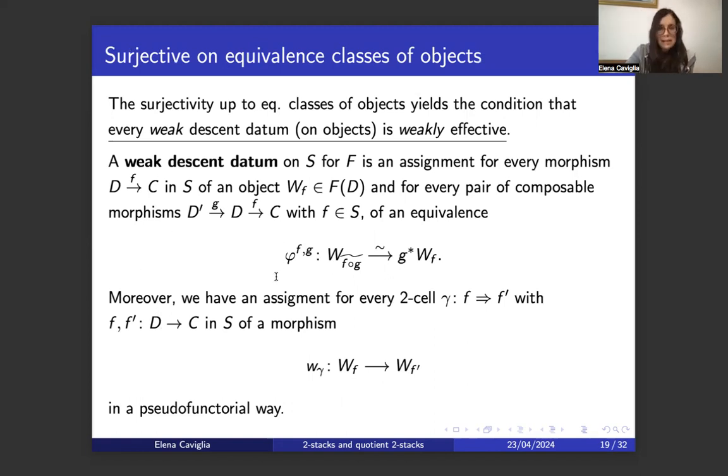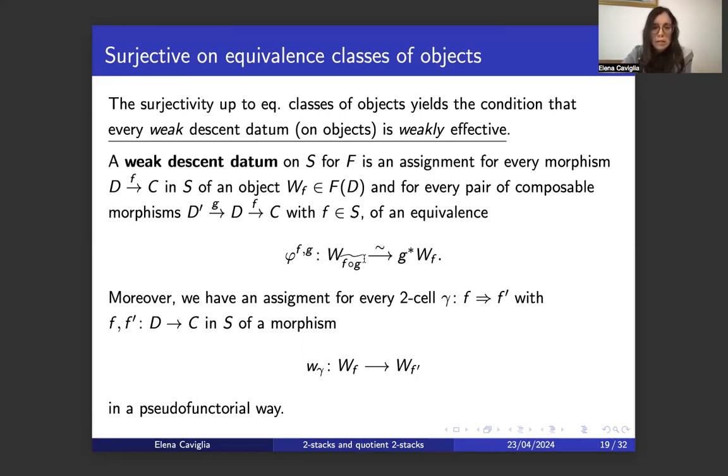A weak descent datum assigns to every morphism in the bisieve an object W F in F of d, and to every pair of composable morphisms an equivalence of this form. So this time phi fg is not invertible anymore. It is just an equivalence. And this is why I call it weak descent datum.